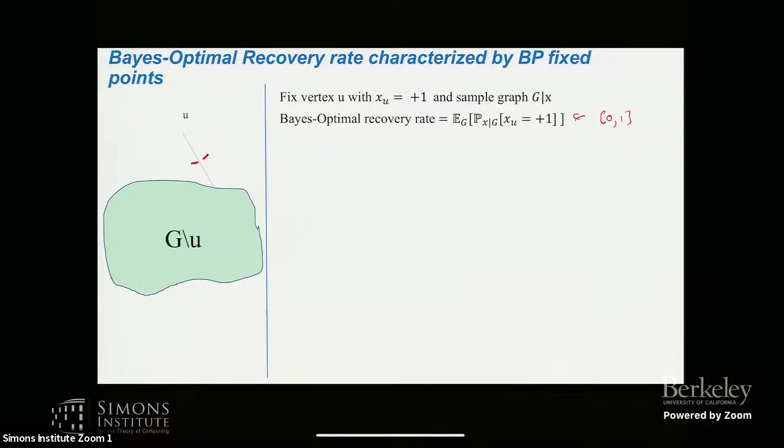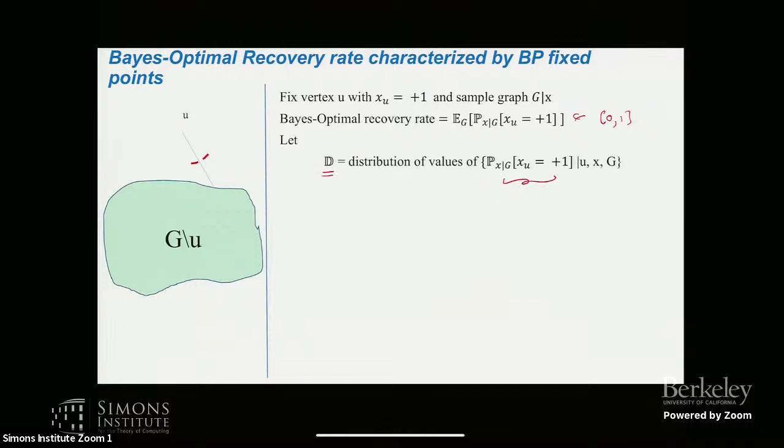Okay, so suppose you think about characterizing this number, proving the value of this number. Let's say you took this leap: whenever you do this experiment, you will get some probability for x_u equal to +1.